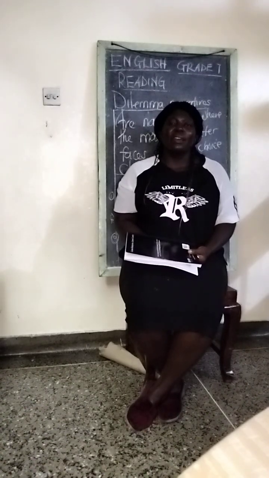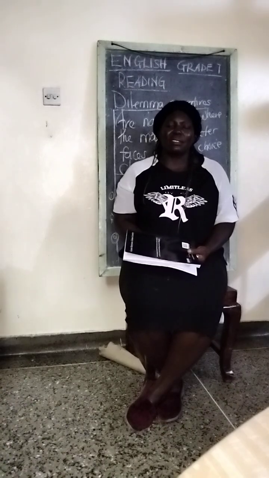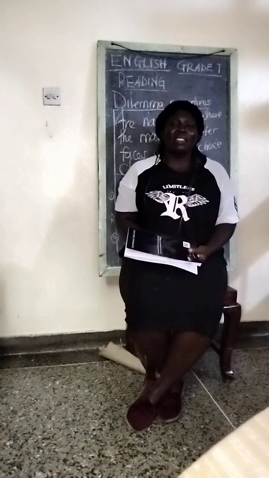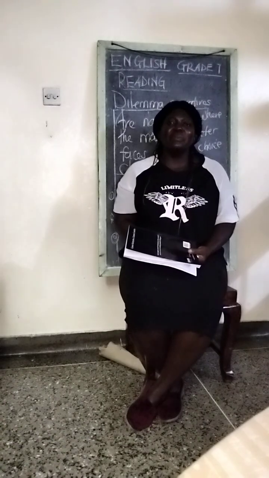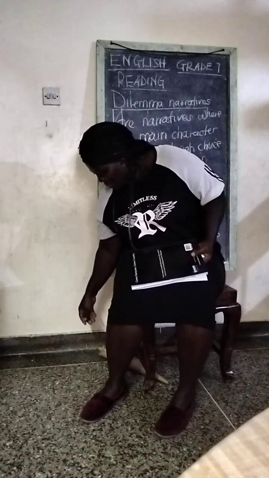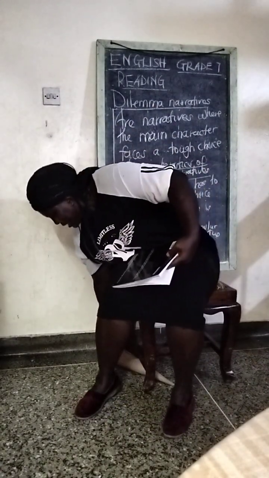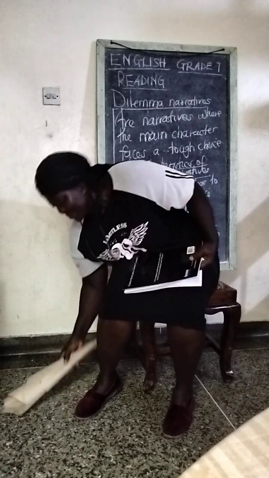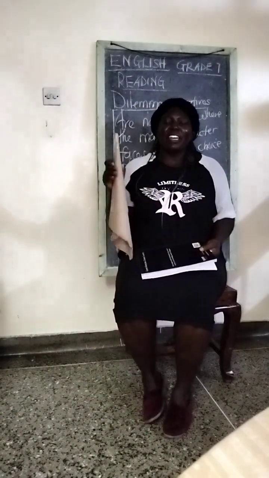A horn blower is someone who alerts the people whenever something has happened. In the past, people used to pass messages using the horns. Do you know a horn? What we get from the cows, bulls, on their heads.